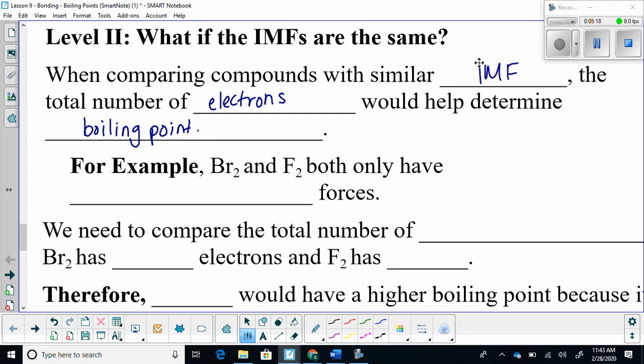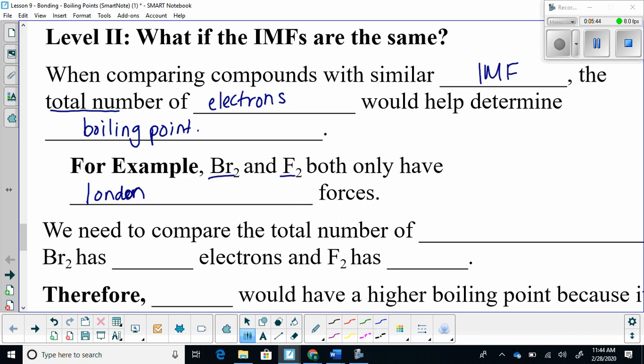We have been counting valence electrons, okay, in the past since we have started this unit. When we are looking at boiling points, we are going to count the total number of electrons, not just valence, all of them. For example, if we have bromine and fluorine, both of them only have London dispersion forces.